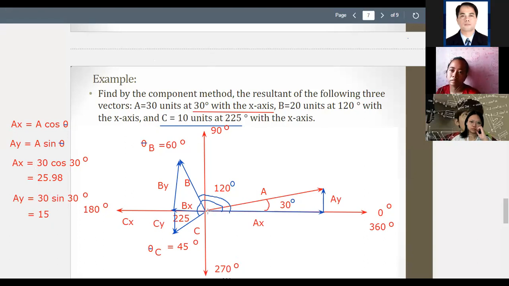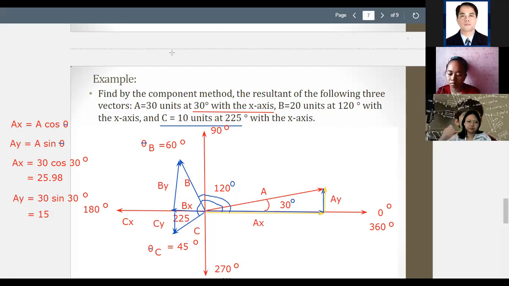The length of this yellow line that I drew is equal to 25.98 units. Again, the value of AY is equal to 15. If we have these two together, it will give us our vector A. How did we get these lengths, 15 and 25.98? We use our cosine function. That's how we use the components.